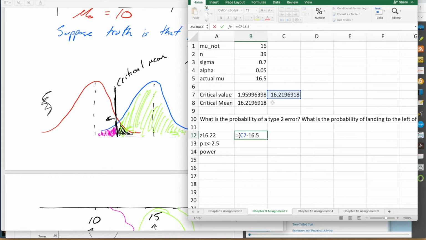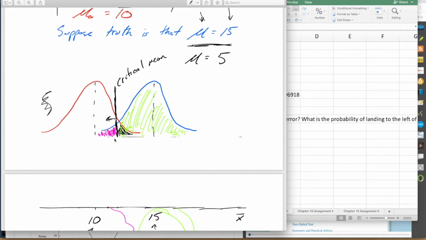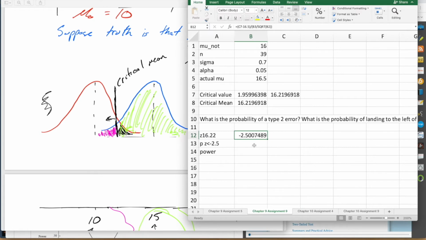It's actually filling at 16.5, divided by sigma divided by the square root of n. So that says that I'd need to land 2.5 standard errors to the left of the truth to be to the left of this line and make a type 2 error.